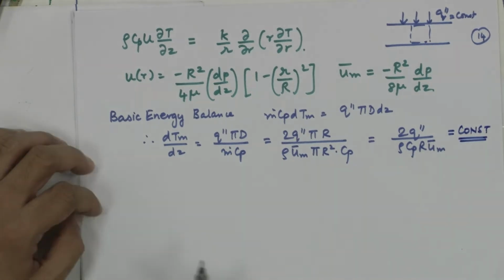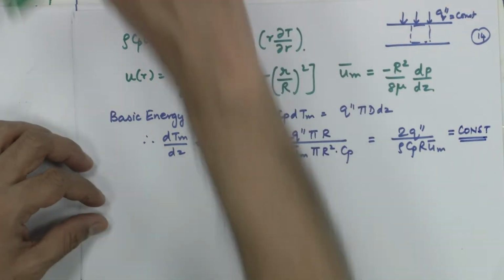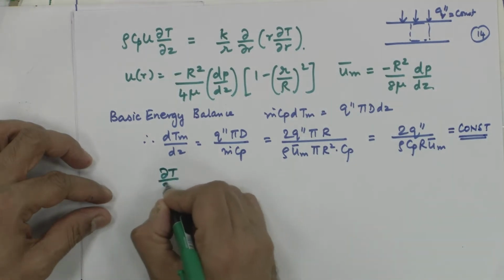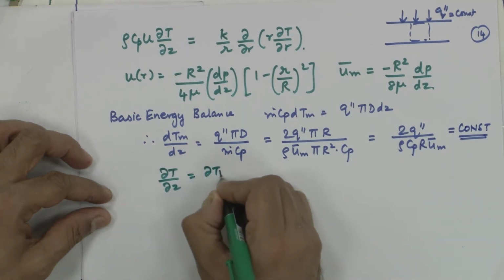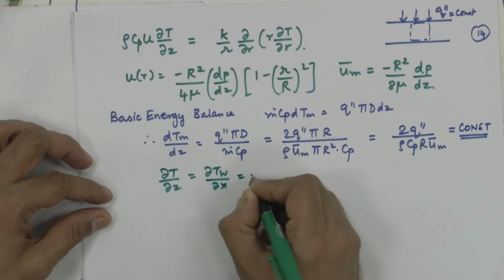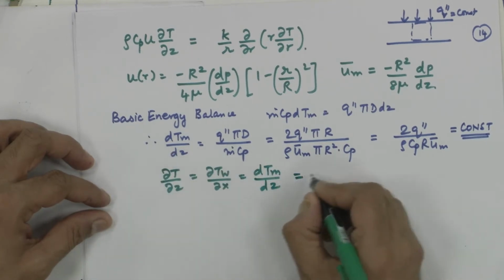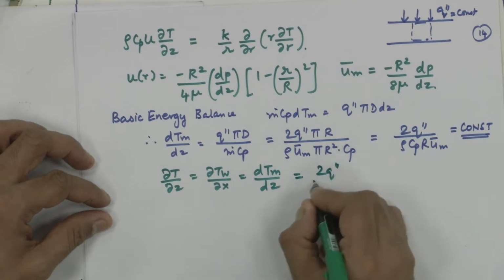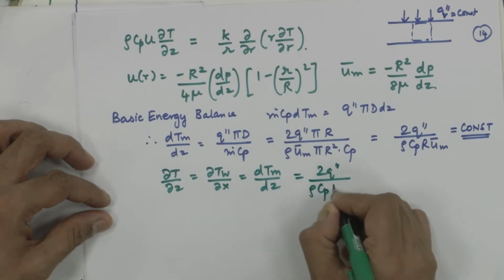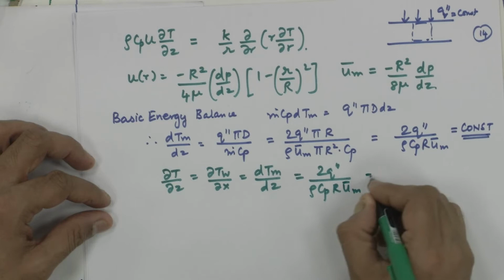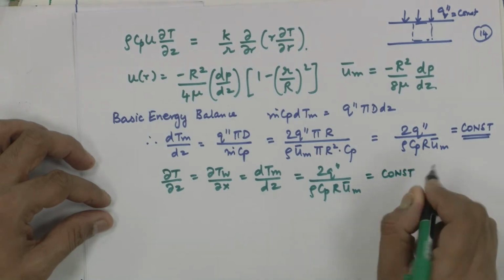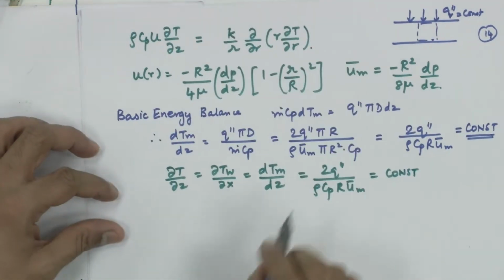Remember, we had come up with this, and we had also shown dT by dz is equal to dT wall by dx is equal to dT m by dz, this one is equal to this quantity. This was also shown a couple of modules ago, so you can take a look at that. We are going to employ this here.